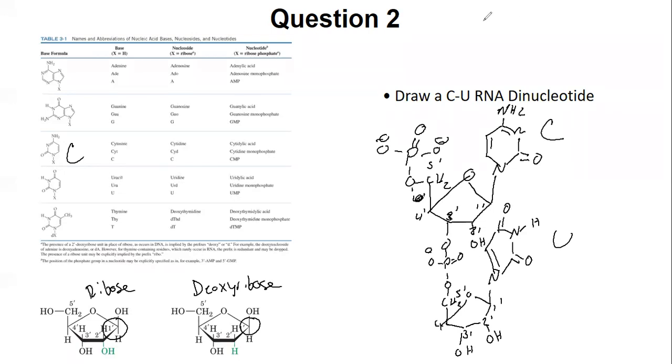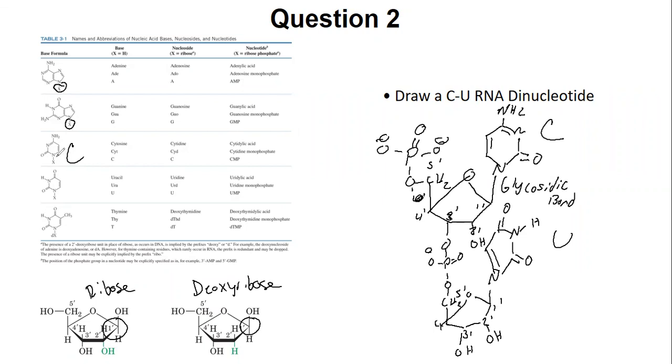So again, just talking about the bases, what to keep in mind is that they connect to the 1' position. The oxygen that was there gets removed. So you just have what's called a glycosidic bond. That's what that's called, connecting your base to your sugar. And they always connect where the X is in this picture.